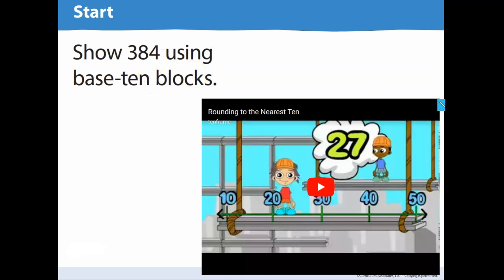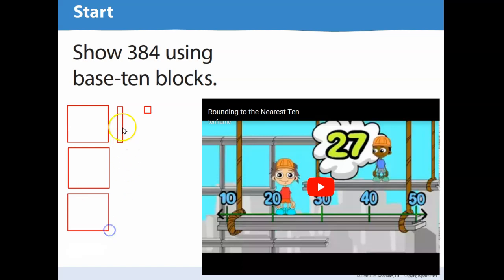So it says show 384 using 10 blocks. So if you remember, if I have one of these, it's how much? 100, right? And if I have one of these, just like this, it's how much? 10. And then the individual ones is 1. So I'm going to need 3 of these. And then how many 10s am I going to need? 8.